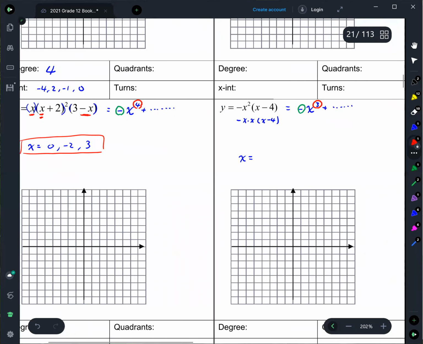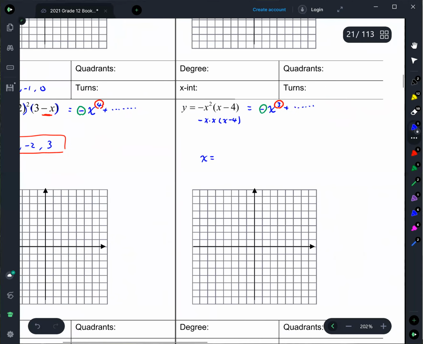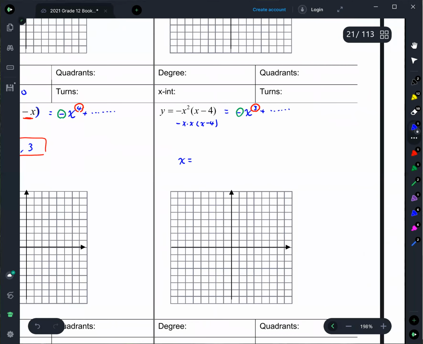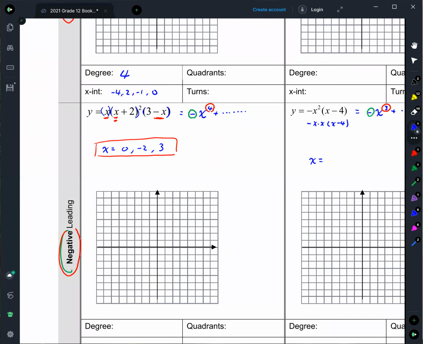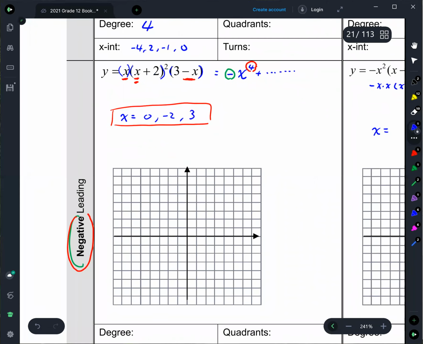Now, next one. Marcus, what are the x-intercepts for this one? I forgot how to get it. Do you know how we got the previous one here?